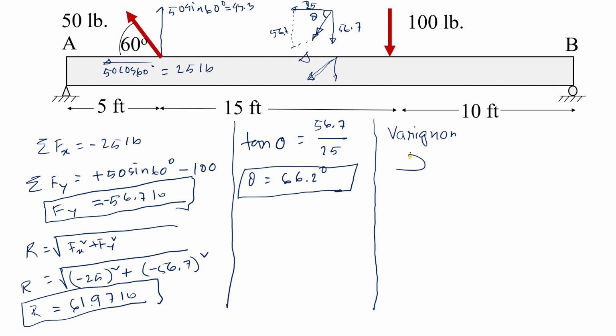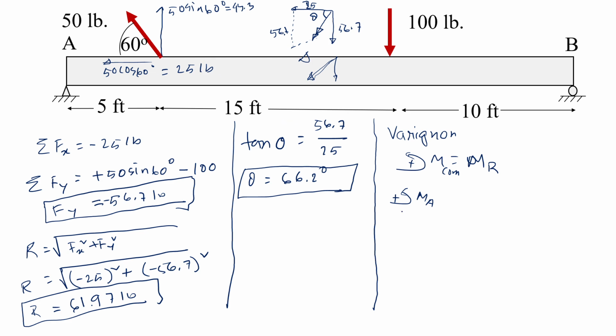If we do the summation of moments, counterclockwise positive, everything sums to zero. Instead, in this case, all component moments will be the same as the moment due to the resultant force. So if we take moments with respect to A, the 25 pound force passing through A will not cause any moment.